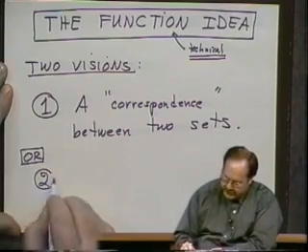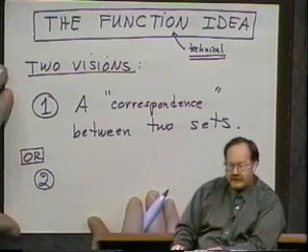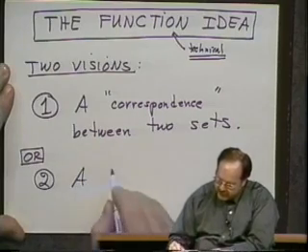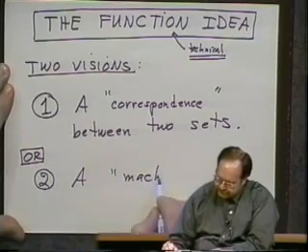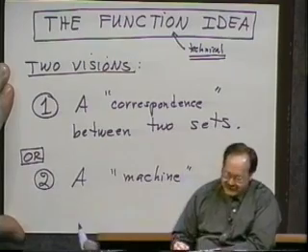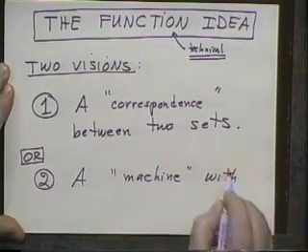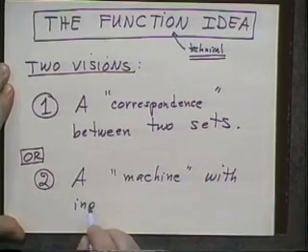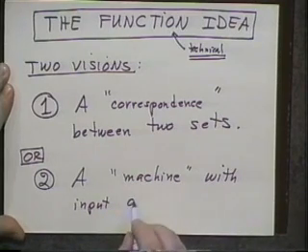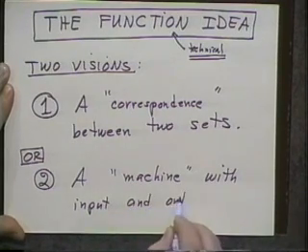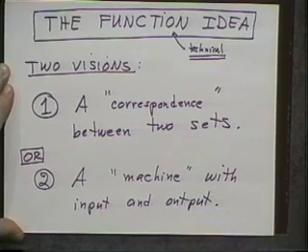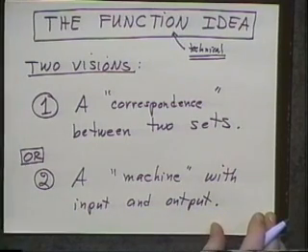Another way that is also fruitful and gives you a different viewpoint is to think of a function as a machine. Again, I'll need to define what that means. A machine with input, things going in, and output, things that come out. Now, with these two ideas, you can put together, I hope, in your own mind, what a function is.